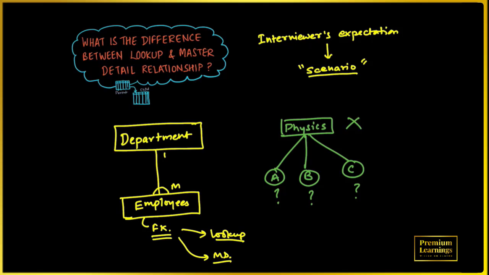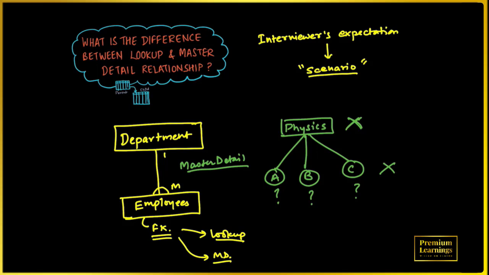If the client says we will ask those employees to leave, that means on deleting a parent record you want to delete the child as well. That means you need to go for a master detail relationship.